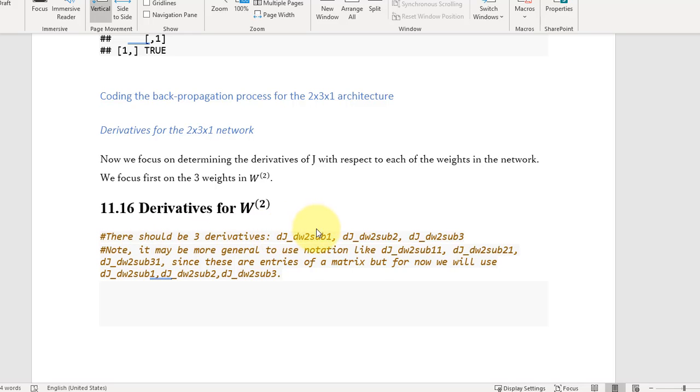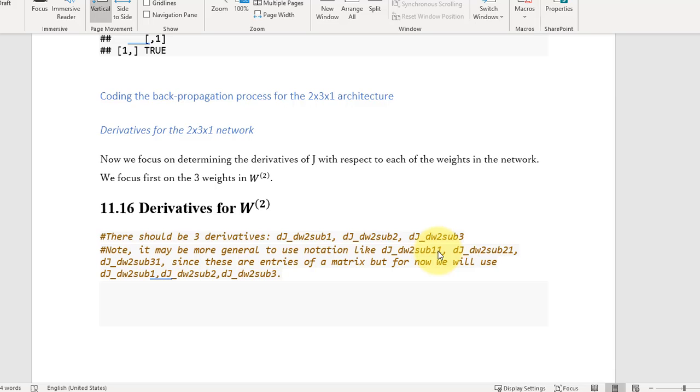Here I'm only using one subscript, but maybe it's better to say dJ dW2 sub 1,1. We should mention that it comes from the first row and the first column, but in the case of W2 there is only one column, so we don't need this extra 1 there. Generally we would need that.